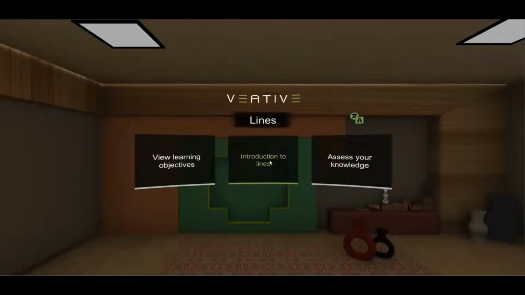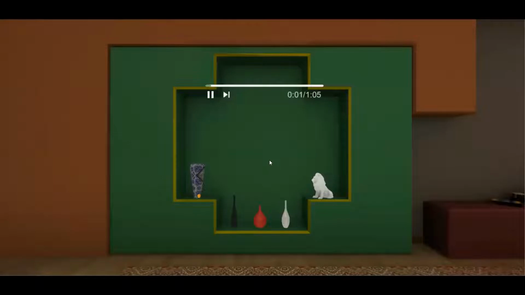Introduction to lines. One of the orange points indicates the position of the flower vase, and another orange point indicates the position of the statue. As you can see, the point is shown by a dot. We can say that a point is a dot that has no width, no length, and no depth. Now let's consider many dots like this between these 2 points.